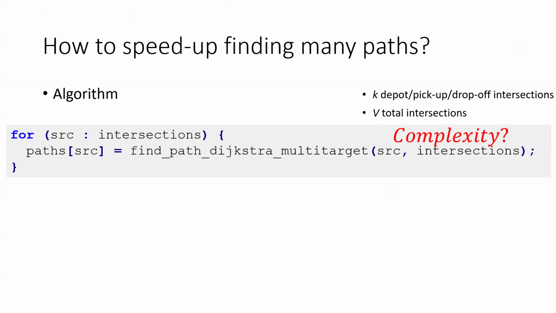The time it takes to find the path to a single destination is the same as finding the path to all of the destinations. So what is the complexity in this case? Anyone? K V log V, because we are removing one of the nested for loops.